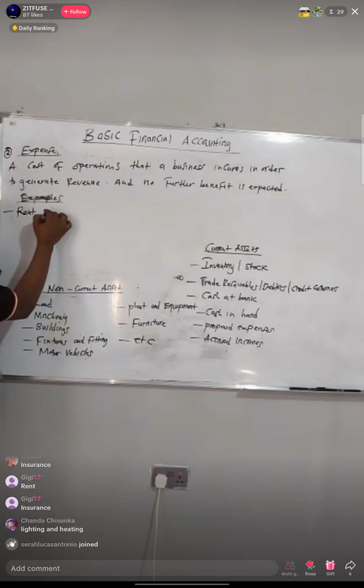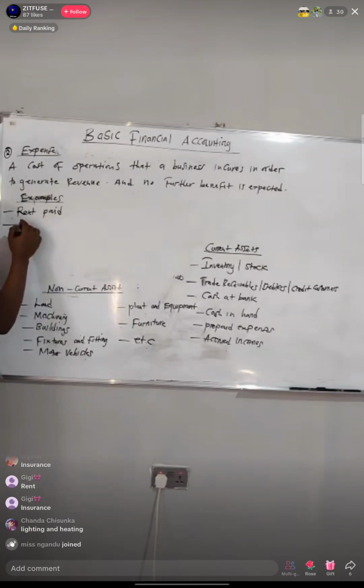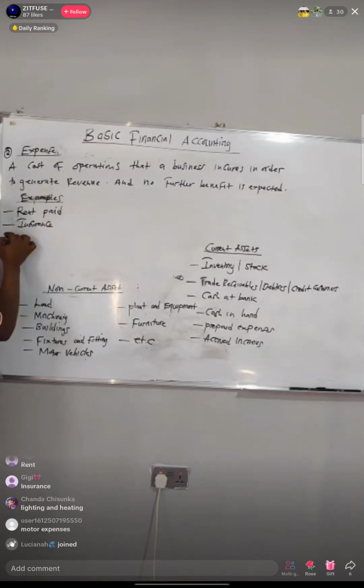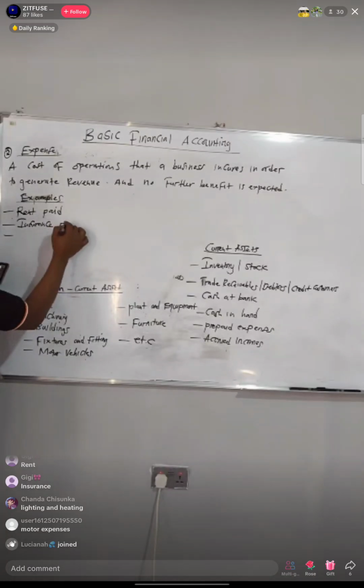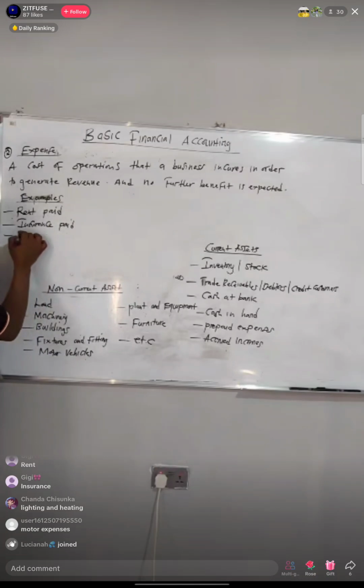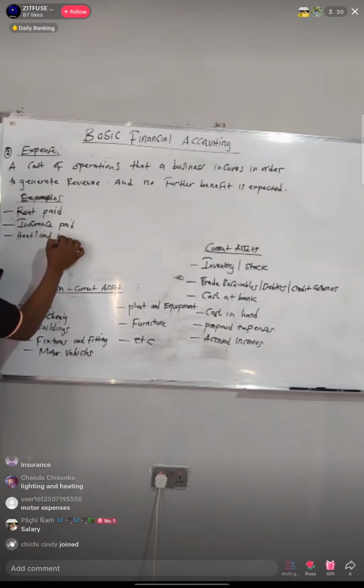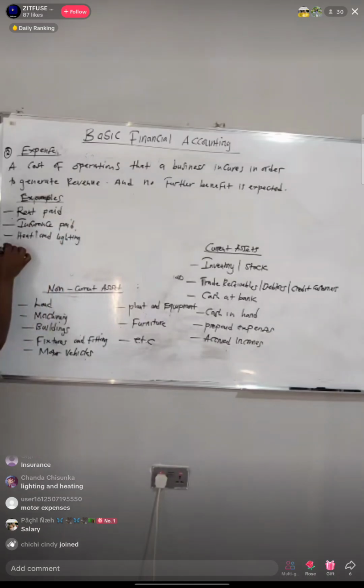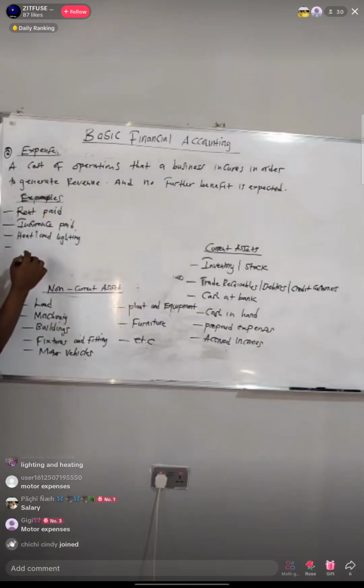So rent is an expense. You need to specify rent paid, because there is also rent received, which is an income. Then insurance. Okay, yes, insurance. Heat and lighting is also an expense.